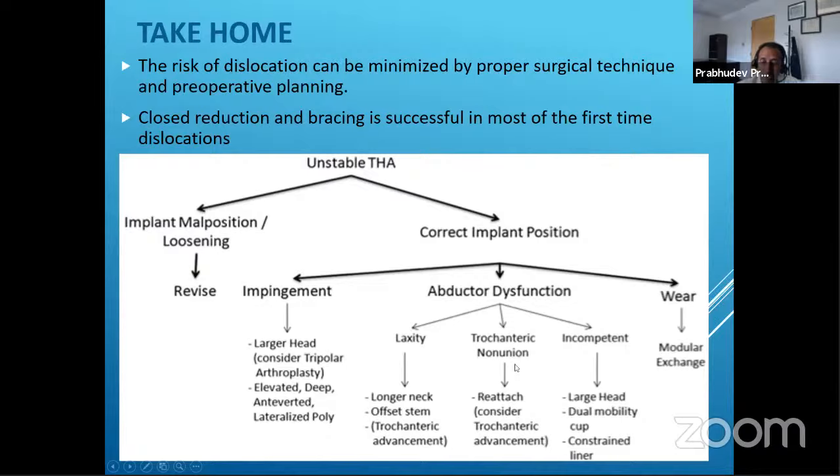If it is trochanteric non-union, again, this is a rare problem nowadays, they need to be further advanced and reattached. If the abductor function is completely incompetent, then dual mobility liners and constrained liners are important techniques. And if it is secondary to polyethylene wear, then just exchanging the modular components should be able to make it stable.